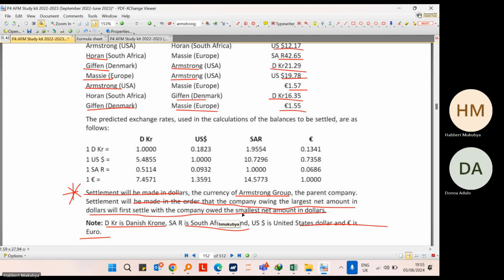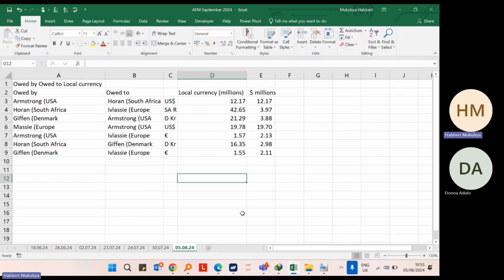So now, the largest amount is Mercy. Okay, so that's the one which is 19.7, and then the one with the smallest amount in dollars is given.